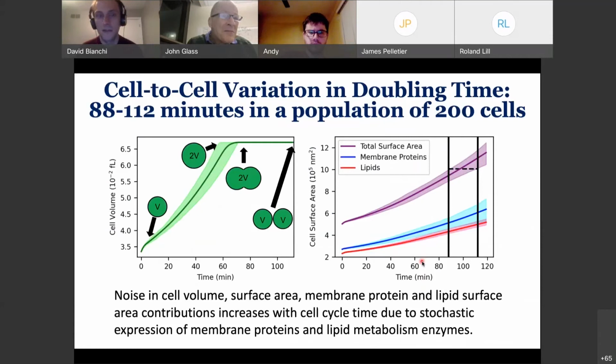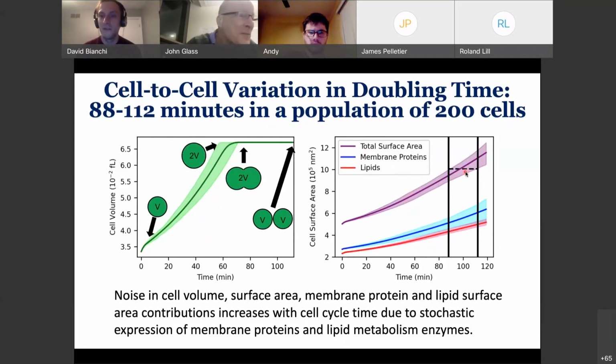And so what this model allows us to predict, over a population of hundreds of individual cells with stochastic gene expression, is doubling times for Syn3A. Via our simulations, we can see a range of doubling times on the order of 90 minutes to 110 minutes, with an average just under 100 minutes.